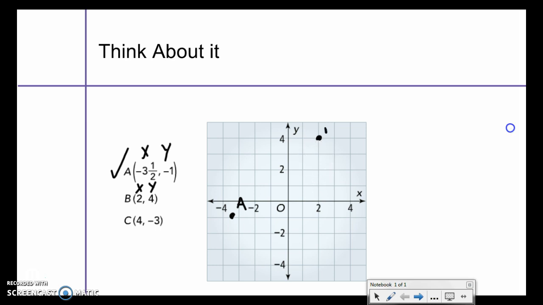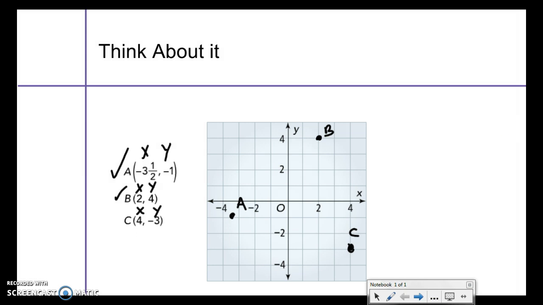This is B. And last we have C. Again, x before y. We have a +4, so all the way over here. And then we have a -3. We're going to go down 3. Okay, remember y is up and down. So now we're right here. Okay, that's not a very good circle.